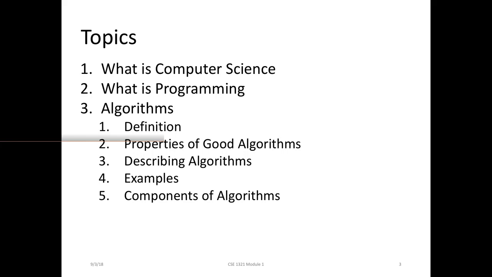Now I'm giving a hint: what is called an algorithm. An algorithm is a process or way to solve a problem or task. In our daily life, we face a lot of problems and we solve them, right?